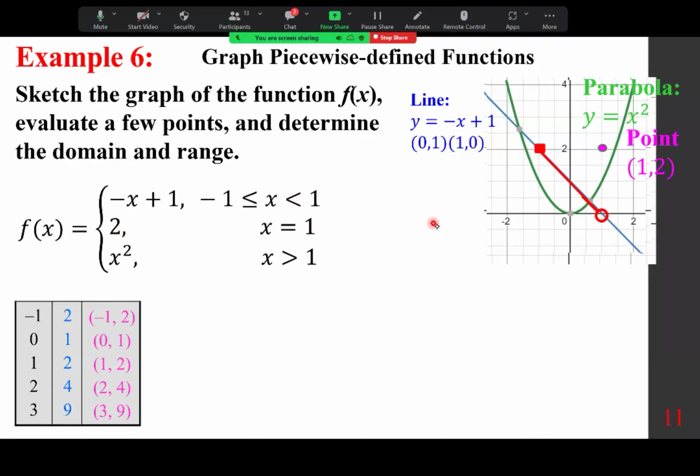This one is very straightforward. There's only one point there. The point with coordinates (1, 2). Now let's look at the parabola, to see which part will work and which part will not. It says we can use the parabola as long as x is larger than 1. So this parabola, when x is 1, we are here.